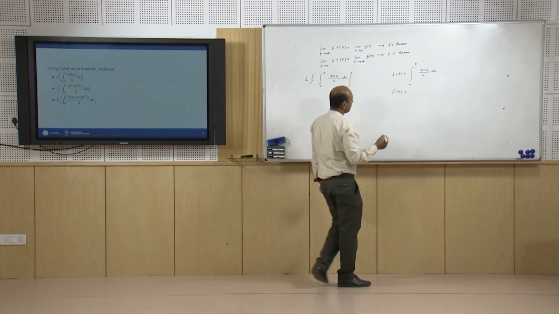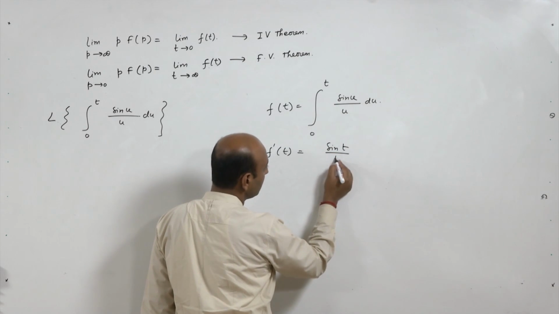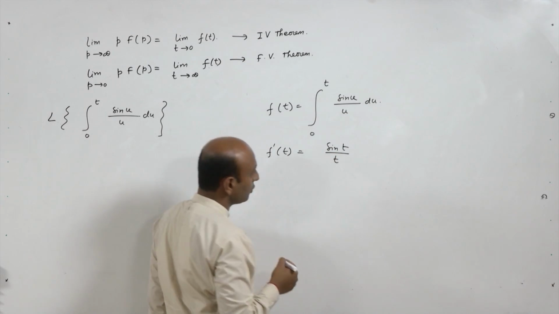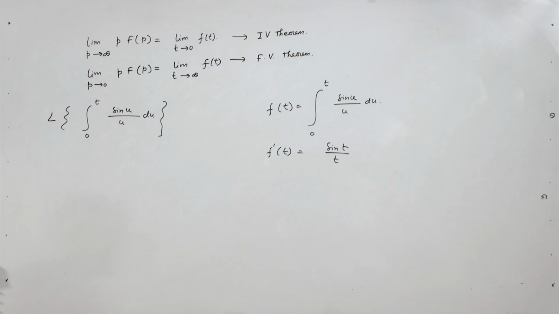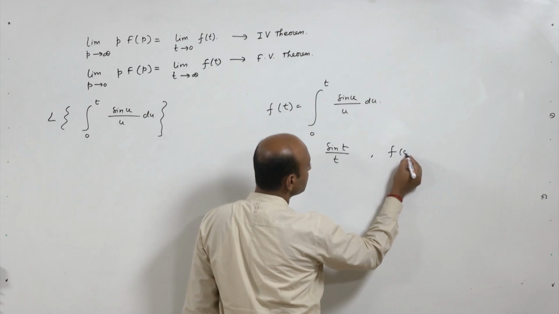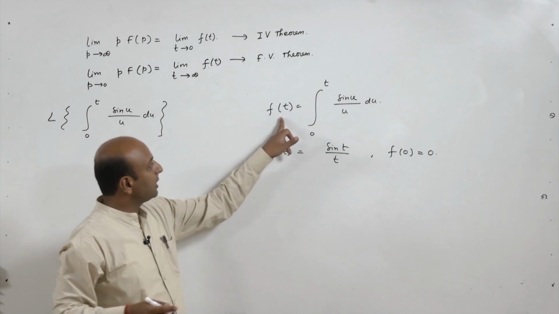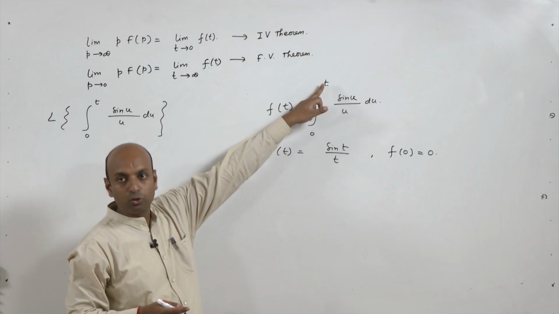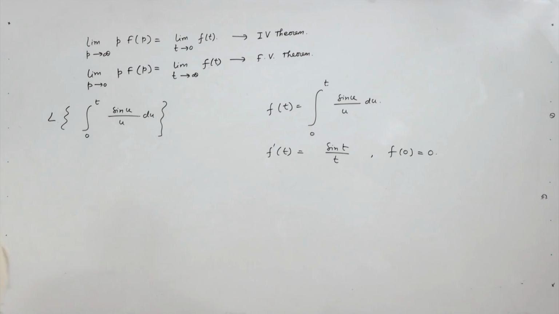It will be sin t by t into 1 minus 0, okay. That is quite obvious. And of course, one can easily see that f(0) is nothing but 0, because when t equals 0, the lower and upper limits are both the same, so the value will be 0, okay.